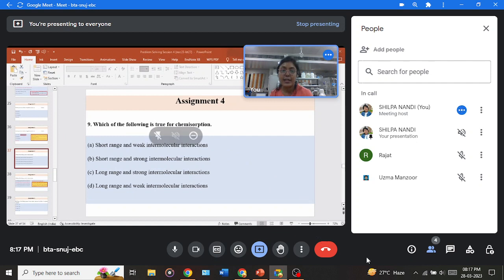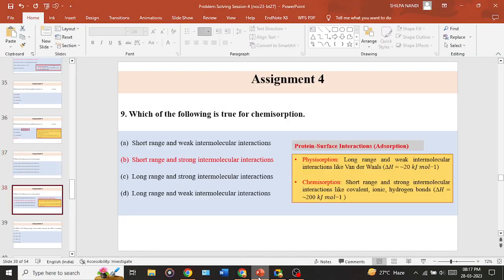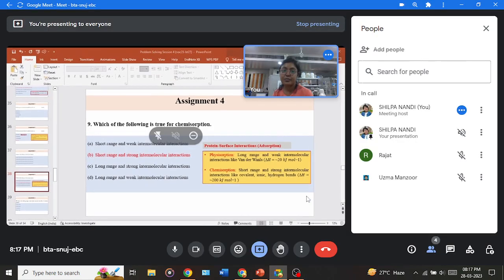The correct answer, in case of chemisorption, would be short range and strong intermolecular interactions. That is option number B, right?